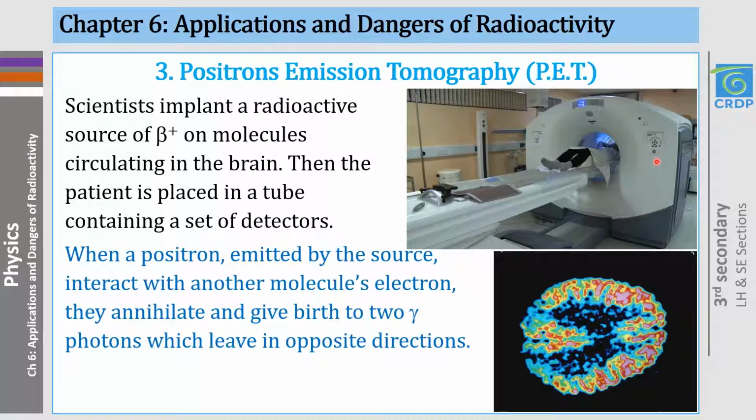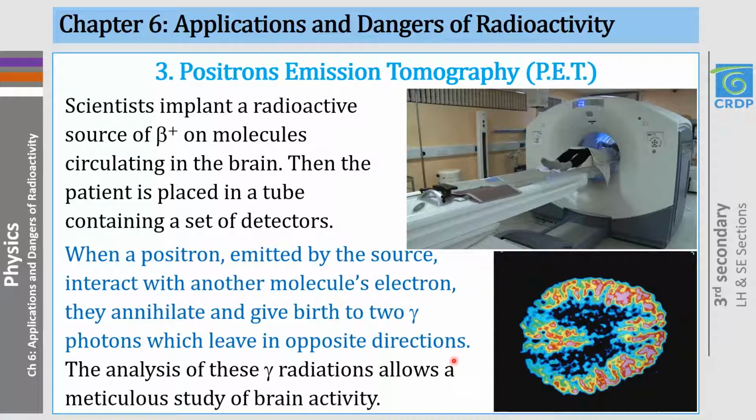When a positron emitted by the source interacts with another molecule's electron, they annihilate and give birth to two gamma photons which leave in opposite directions. The analysis of these gamma radiations detected by a set of detectors placed around the patient's brain allows a meticulous study of brain activity.